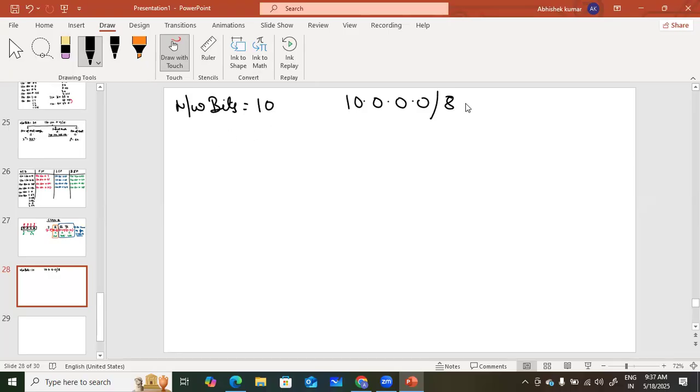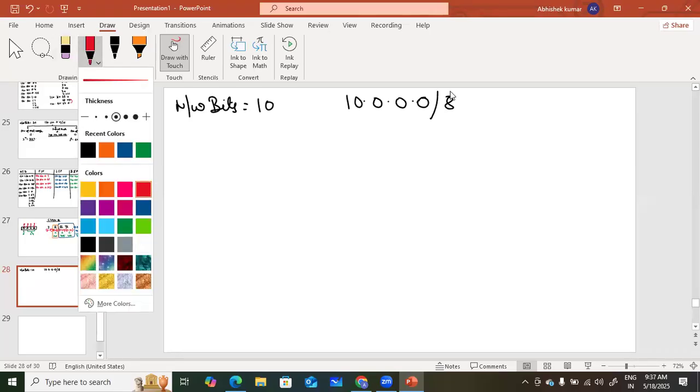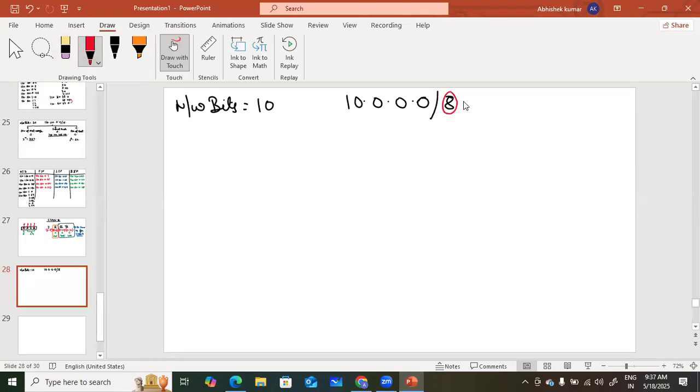Now, have you understood why 8 here? Yes, it's the default class A network bits, or you could say CIDR.